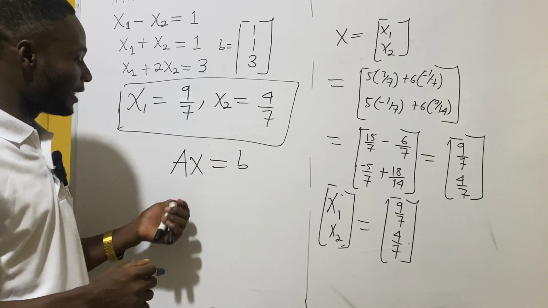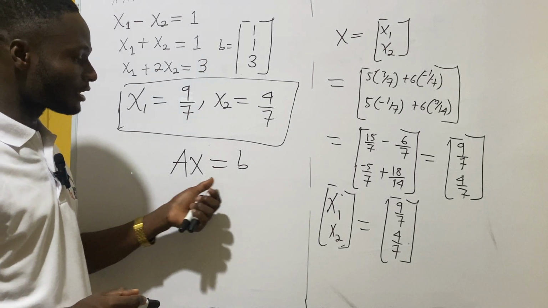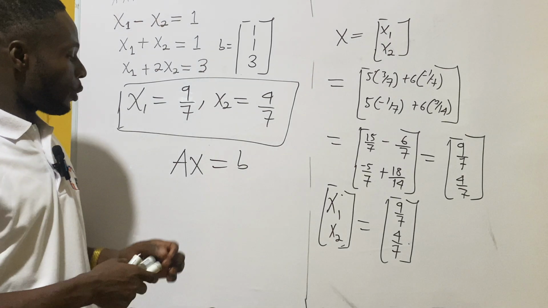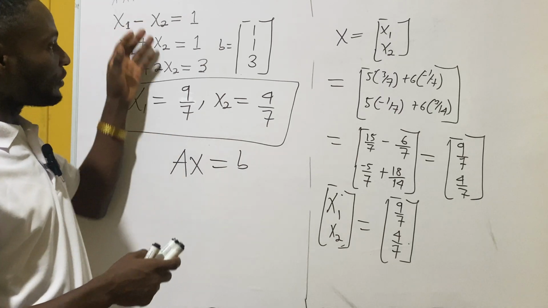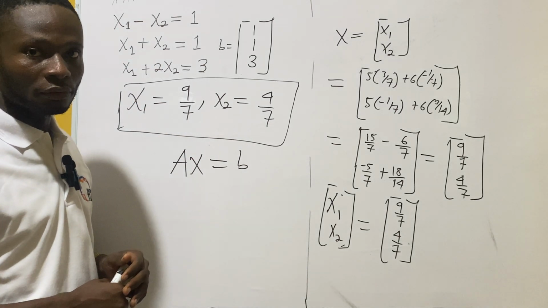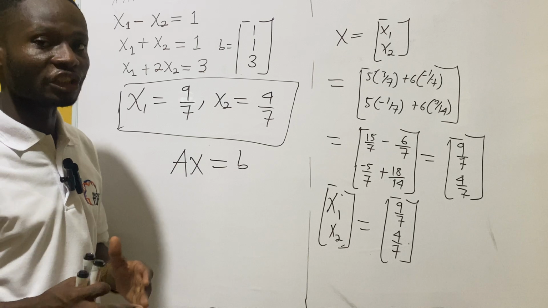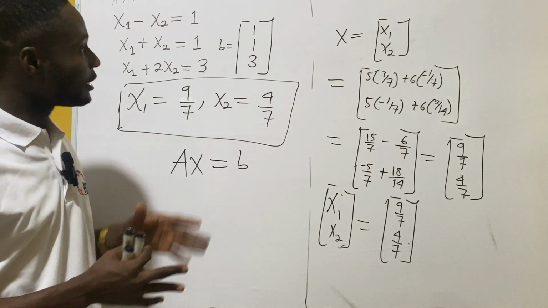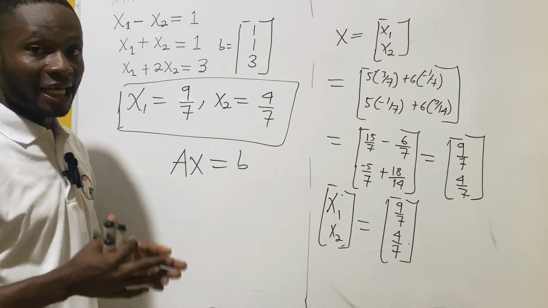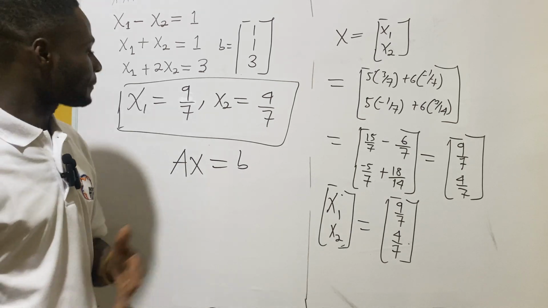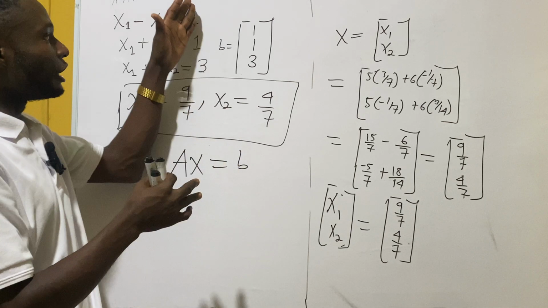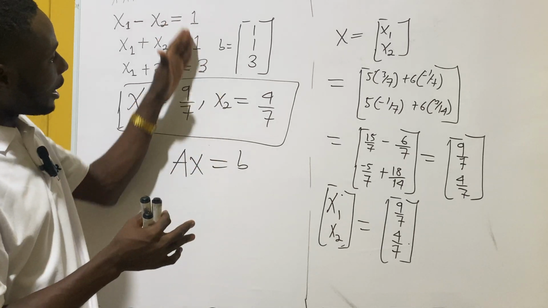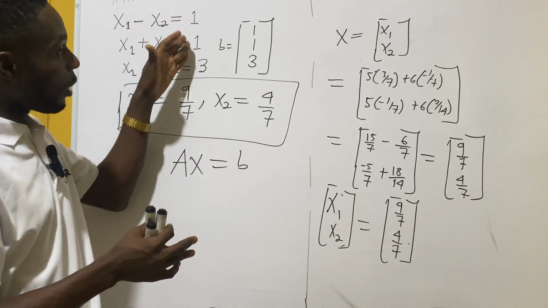You identify your A, your x, and your b, where A is the coefficient of the unknown variables, and x are the unknown variables, x1 and x2, and b is the constant aspect where you have 1, 2, 1, 1, and 3.